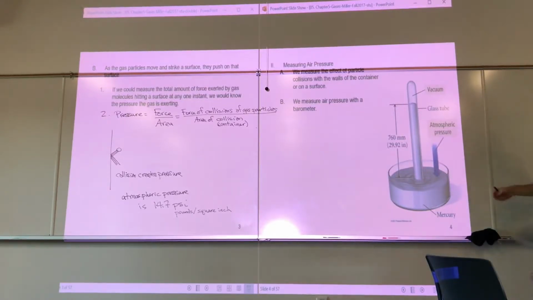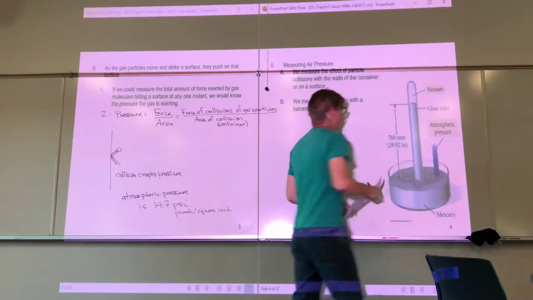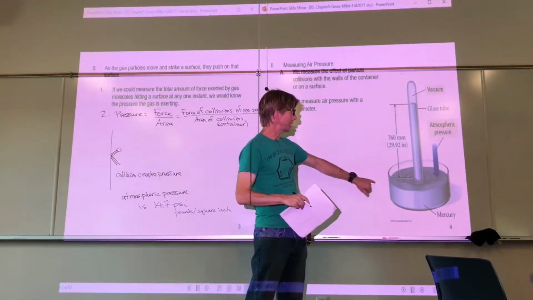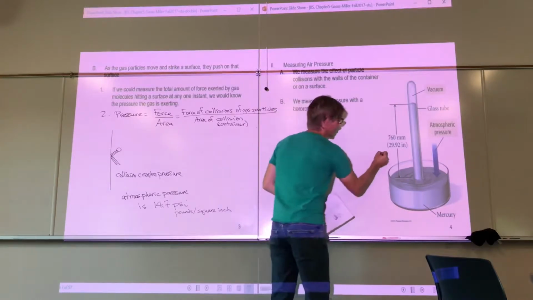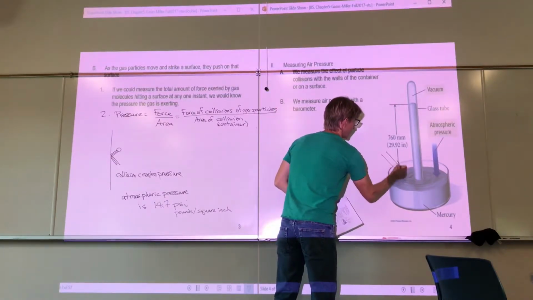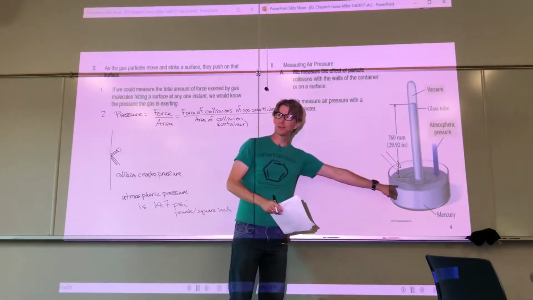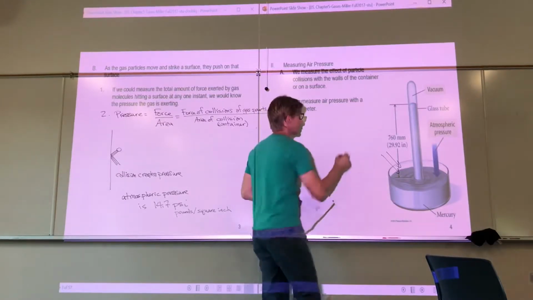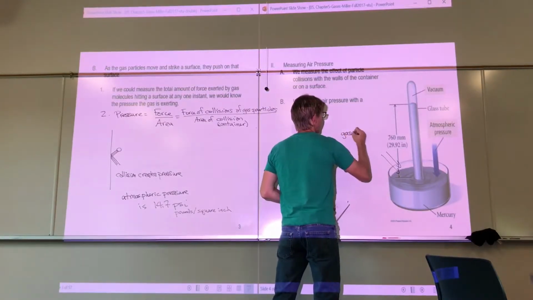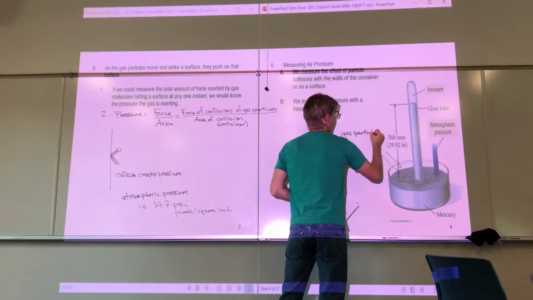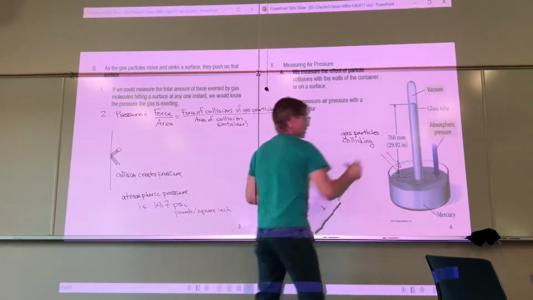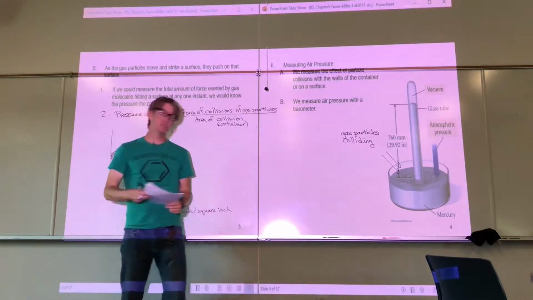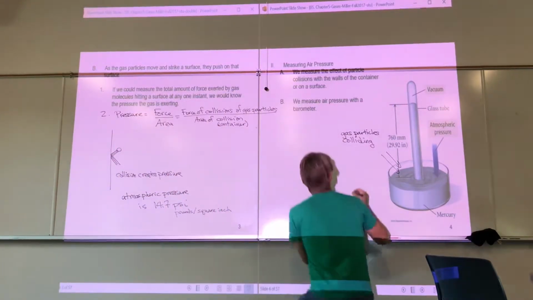And in this barometer, there's a couple things going on here. The gas particles are colliding with the surface of the mercury.